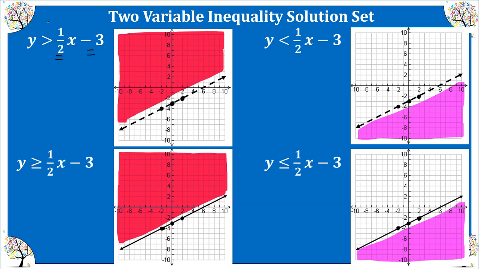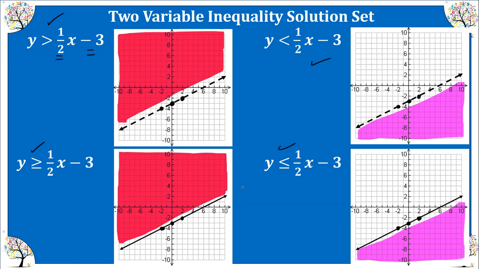So look at the dashed line here and here. We do not have the equal part, so you have an open line instead of an open circle. When you have the equal part of it, we have a solid line. All of these ordered pairs are part of the solution set. So that's how you determine what kind of line you have.